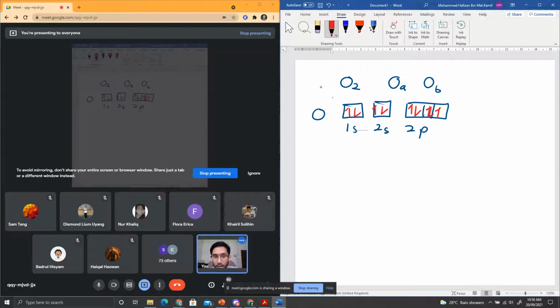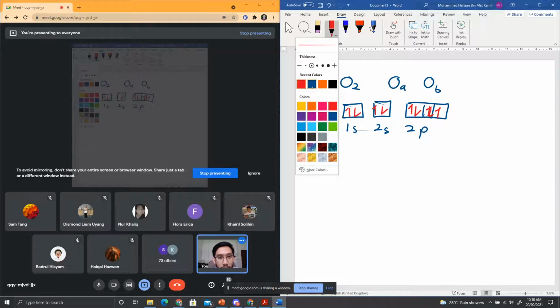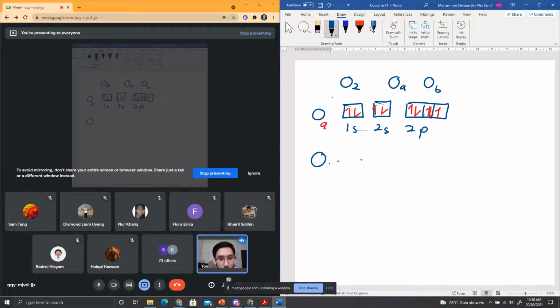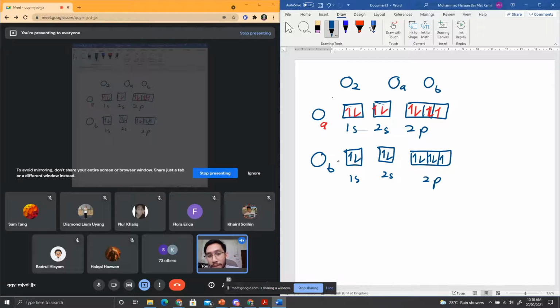Okay, they are not even using hybridization. Sebab contohnya oxygen A, and then we have oxygen B, also has the same amount of electrons kan? Same amount of electrons. Right? 1s, 2s, 2p.